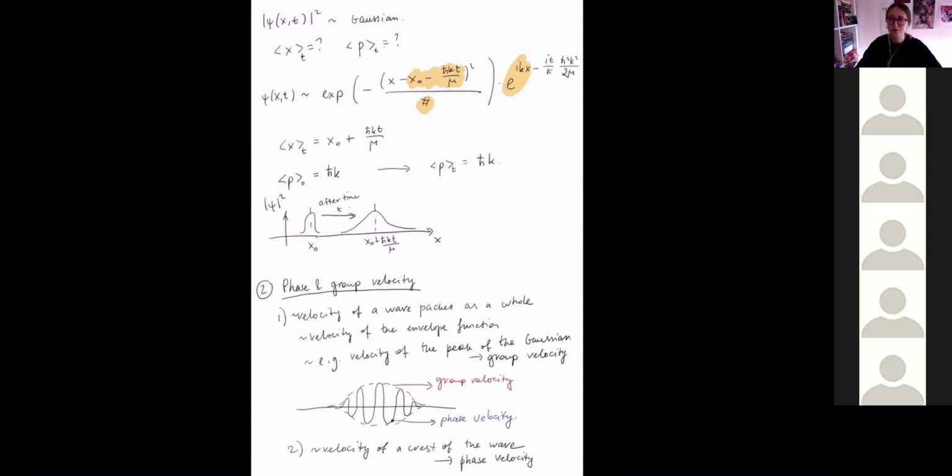The group velocity refers to the movement of the envelope of the wave packet, while the phase velocity corresponds to the movement of the crest of the wave inside the wave packet, inside the envelope. These two notions are different, and we'll see that the velocities that correspond to these two are also different.